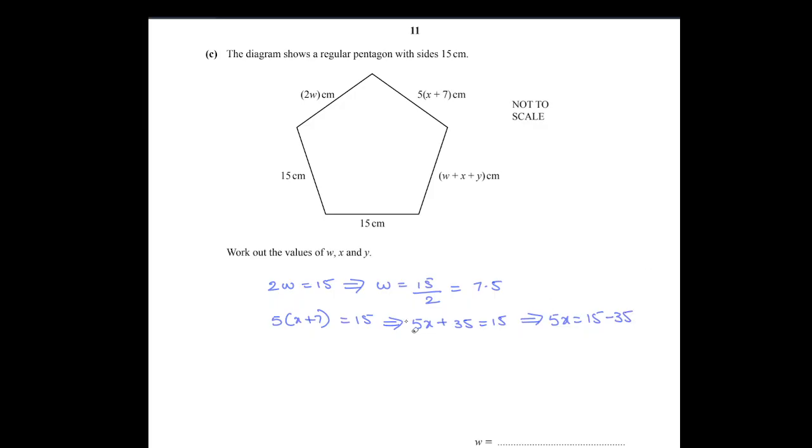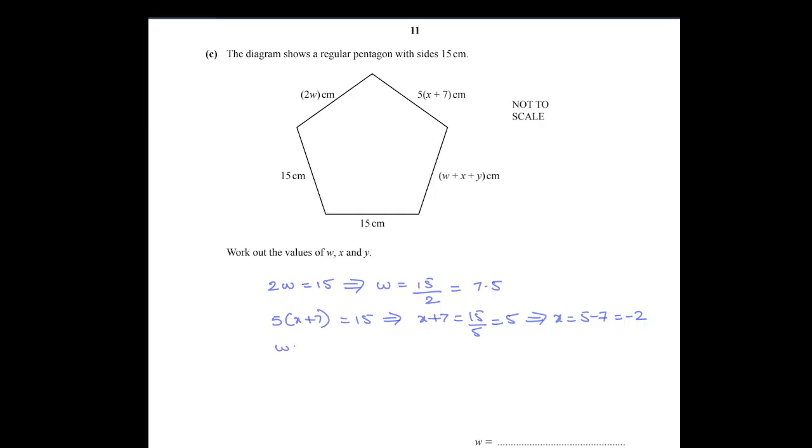No need of doing all this. We can just bring 5 to the other side. So x plus 7 is equal to 15 by 5, that is 5. So x is equal to 5 minus 7, which is minus 2. So x is minus 2.